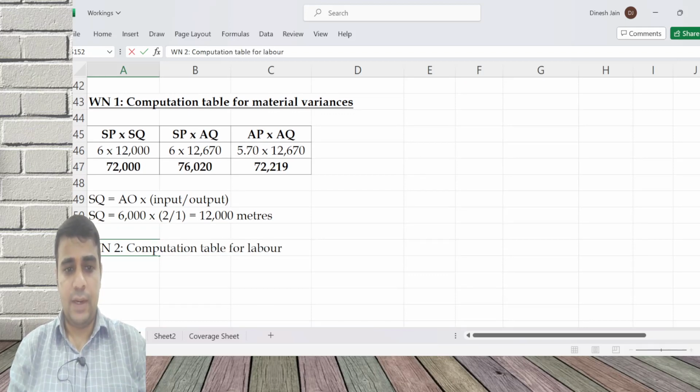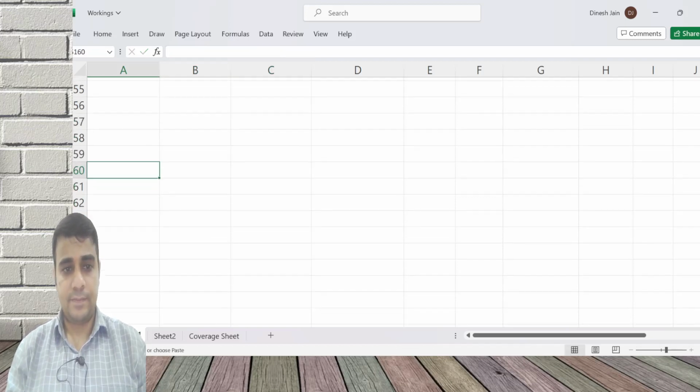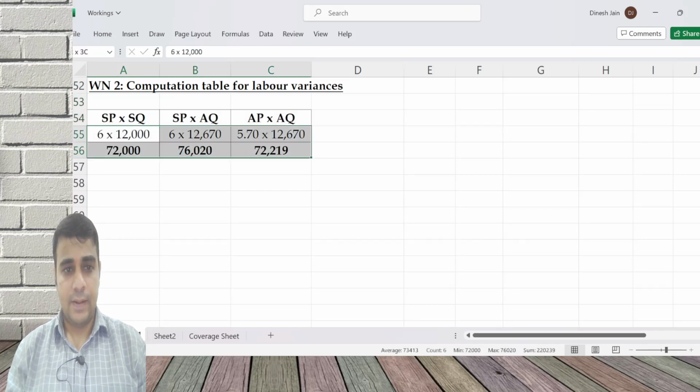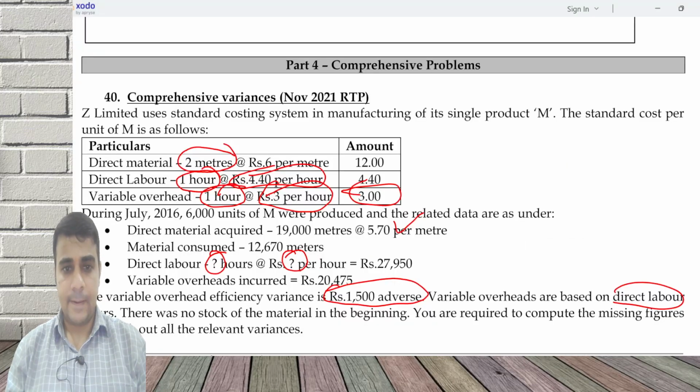Computation table for labor variances. Single labor without idle time: SR into SH, SR into AH and AR into AH.